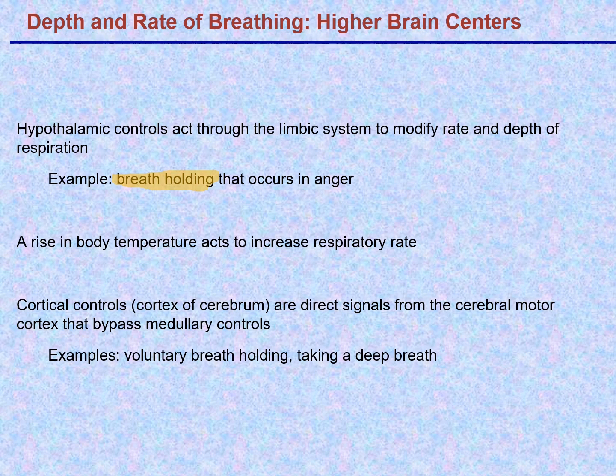A rise in body temperature, which wasn't on the graph in the figure before, can also cause an increased respiration rate. The cortex of the cerebrum, as I told you, can override everything. You can bypass all the medullary controls of the respiratory centers in the medulla and voluntarily hold your breath, take a deep breath, or increase or slow down your breathing rate. Okay.